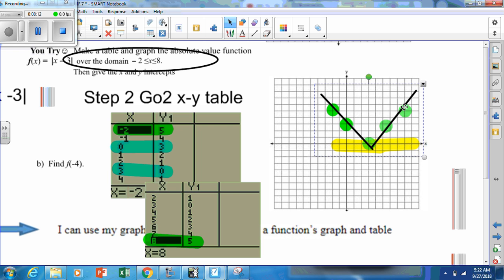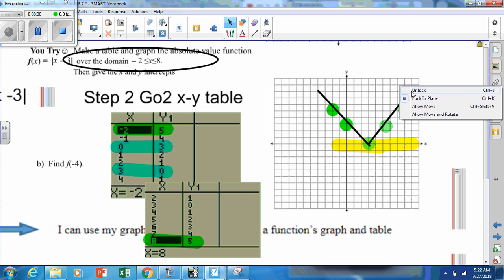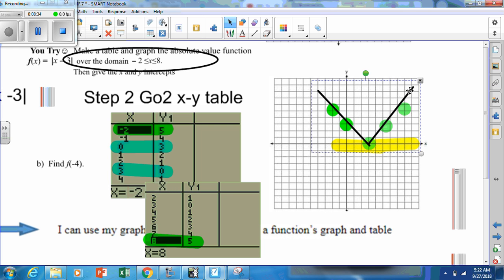Honestly, I probably have to ungroup them just to get the right angle. But I believe in being precise, so let me ungroup them. Yeah, that's what I need to do.